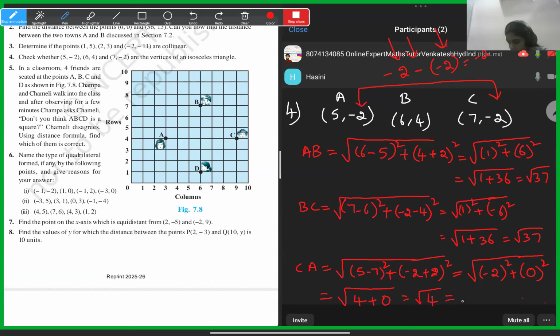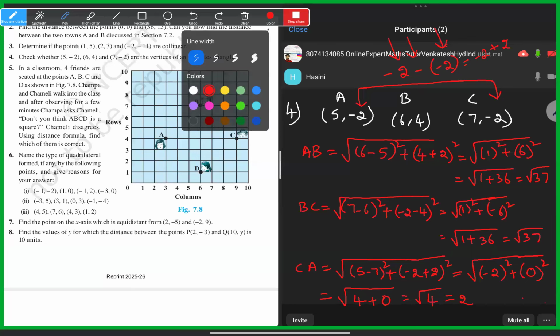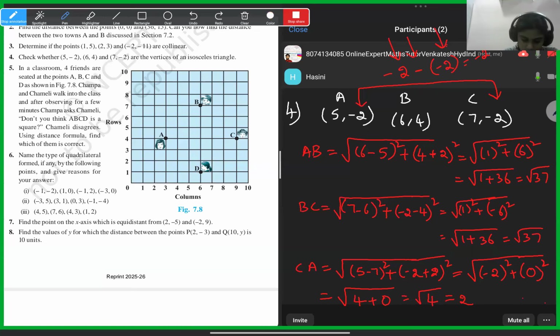Root 4 is 2. So Hasni, now clearly we found out the three distances AB, BC, CA. We got AB as root 37, BC also as root 37, and CA is 2.